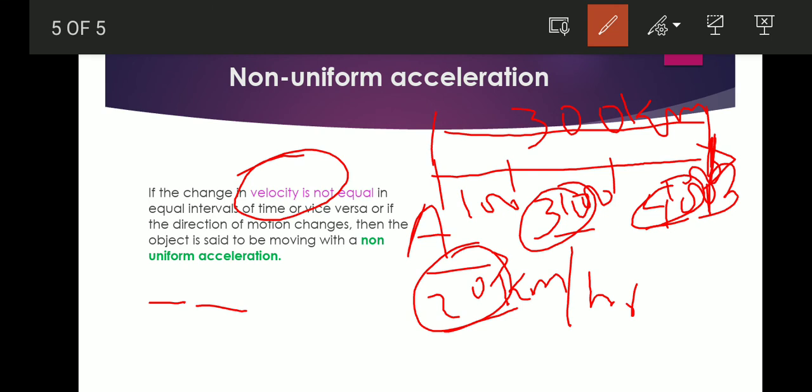Suppose you are moving southward, then again suddenly you change your direction to this side. In this case, your velocity may not change, but your direction is changing. This is also non-uniform acceleration.